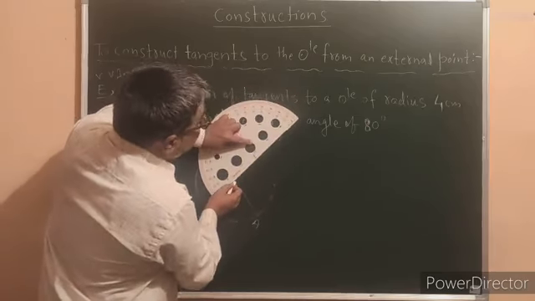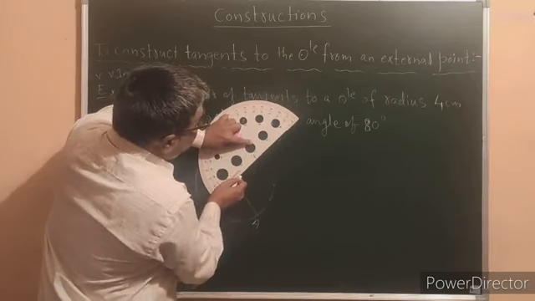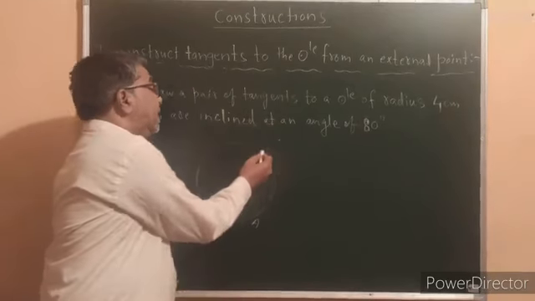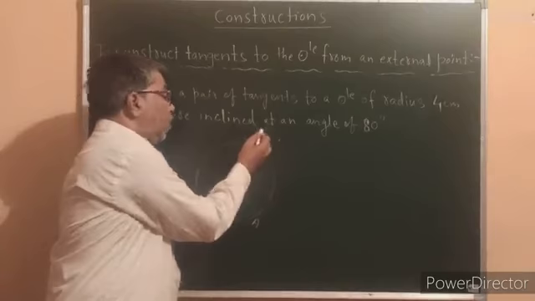Mark a point at 100 degrees and draw a line which meets the circumference of the circle at a point, call that point as point B.